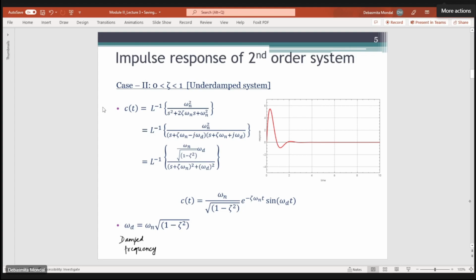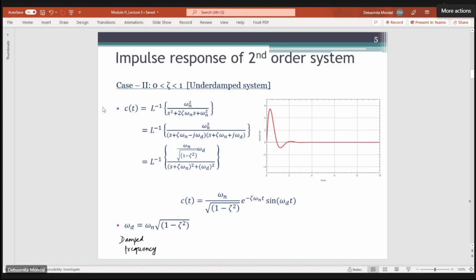So if you take the Laplace inverse of this term, you will end up with an equation like this, wherein you can see that the overall time response is given by omega n by square root of 1 minus zeta square, e to the power minus zeta omega n t, multiplied by sine omega d t. Here you see that there is a negative exponential term present in this overall system response.